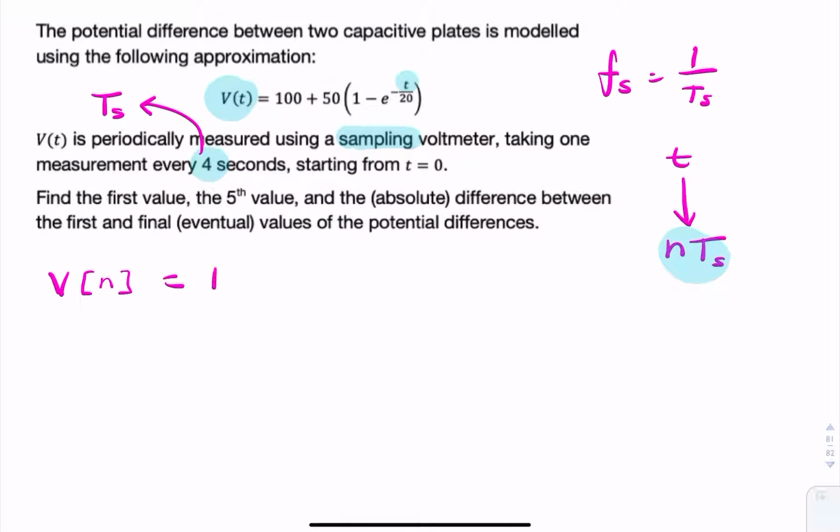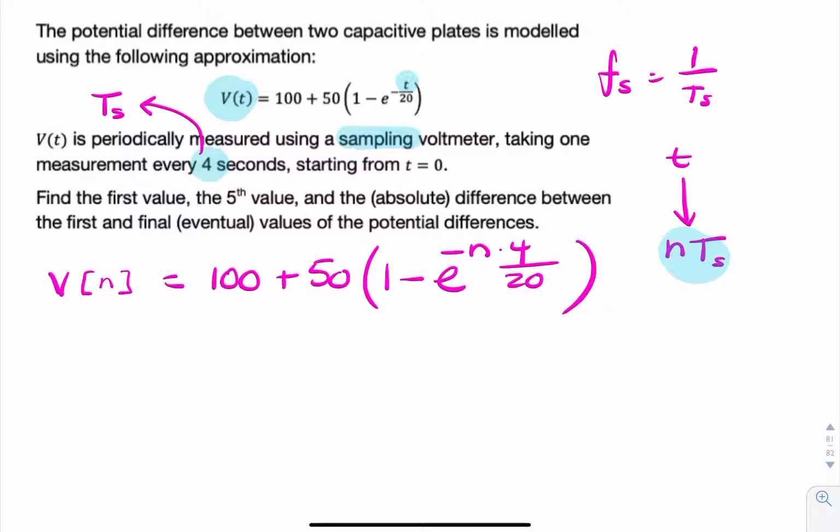So we have 100 plus 50 times 1 minus e to the minus, so instead of t, I'm going to say n times 4, and then divide by 20. So that's my signal.